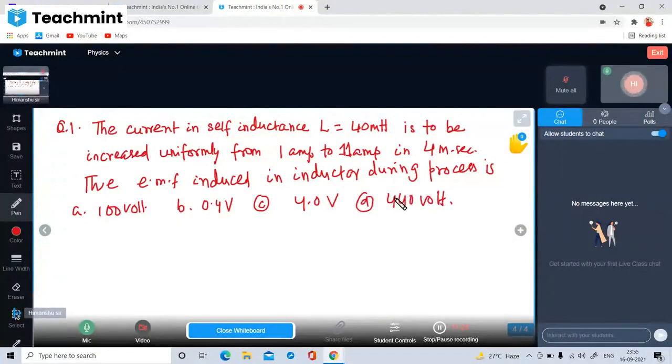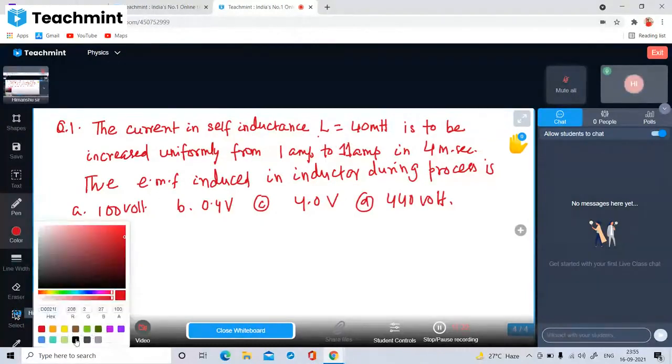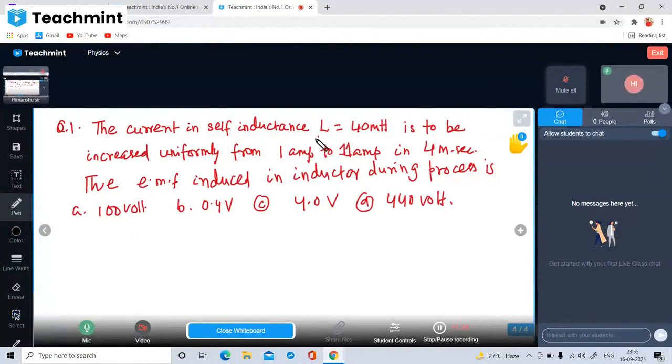Okay, so the self inductance L is equal to 40 millihenry. So write it down. L is equal to 40 milli, means 10 to the power minus 3, so 40 × 10^-3 Henry. This is the self inductance.